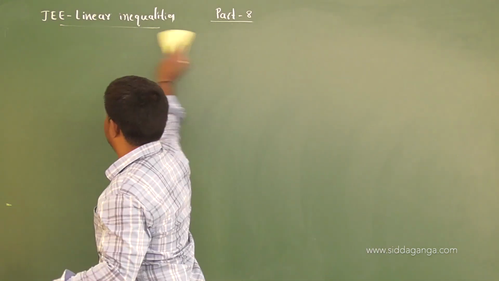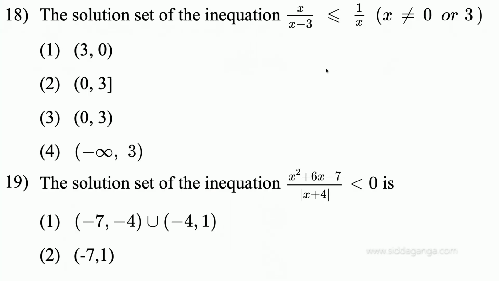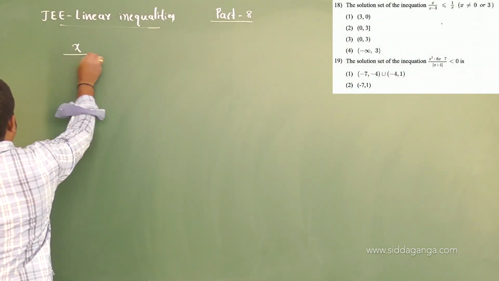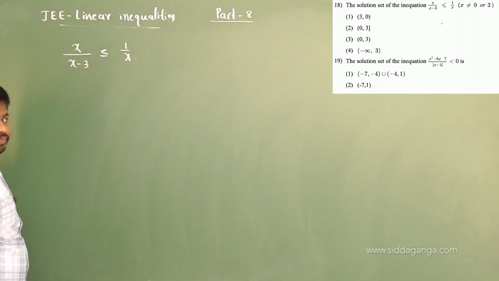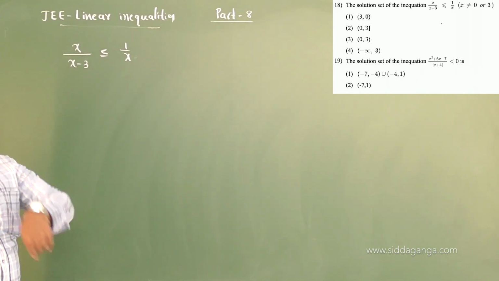Okay, let me move to question number 18. The solution set of the inequation x by (x minus 3) is less than or equal to 1 by x, where x is not equal to 0 or 3.